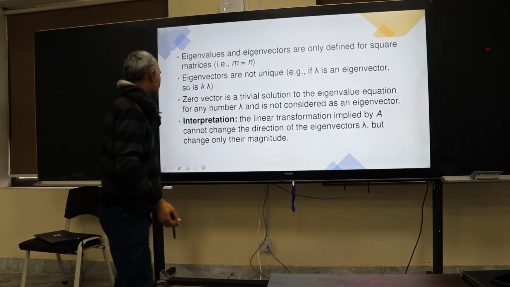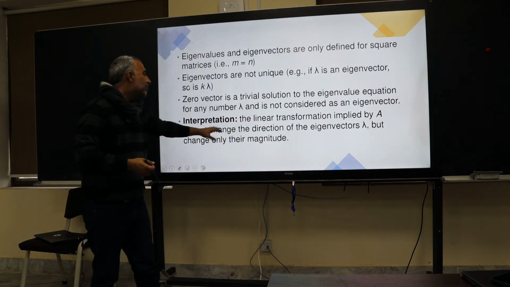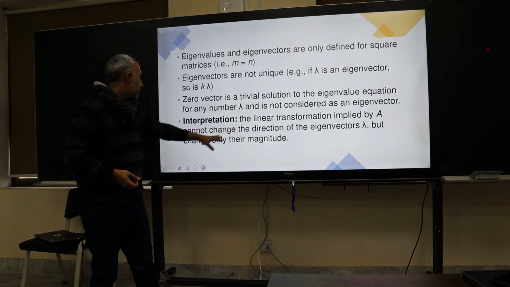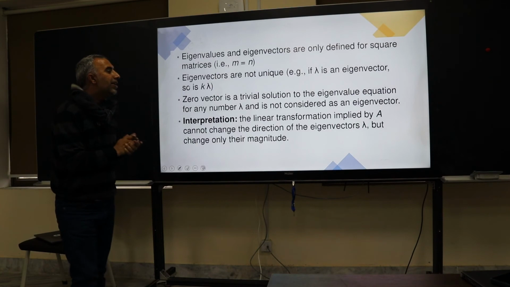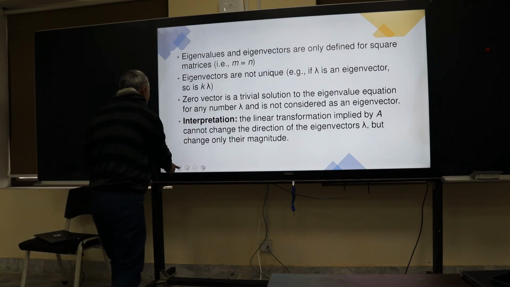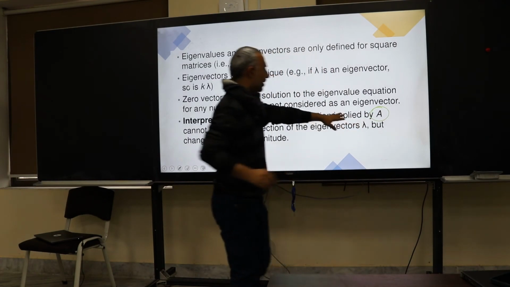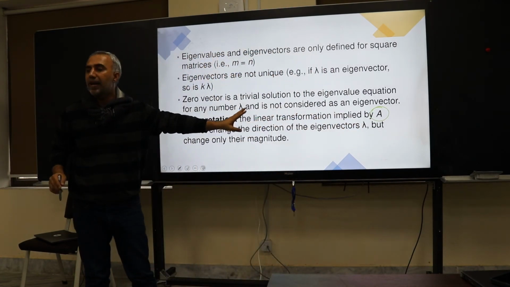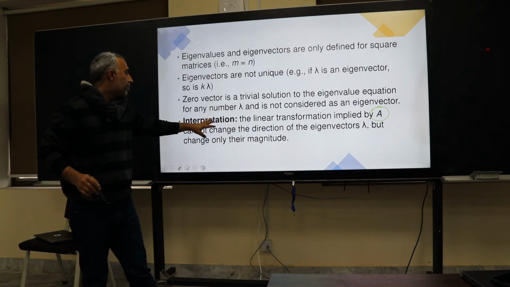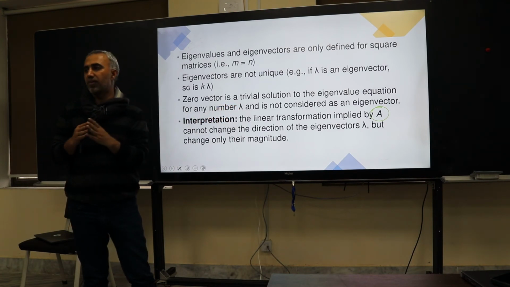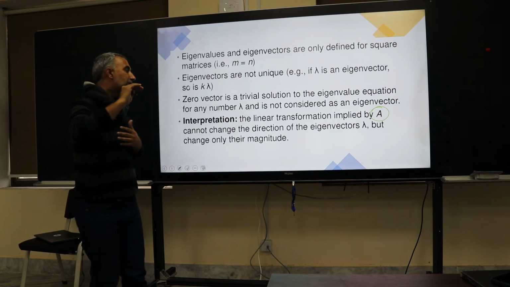Interpretation: the linear transformation cannot change the direction of the eigenvector, but changes only its magnitude. Remember, please, I'm begging you, if you are multiplying matrices, the linear transformation, you are talking about the linearity case.